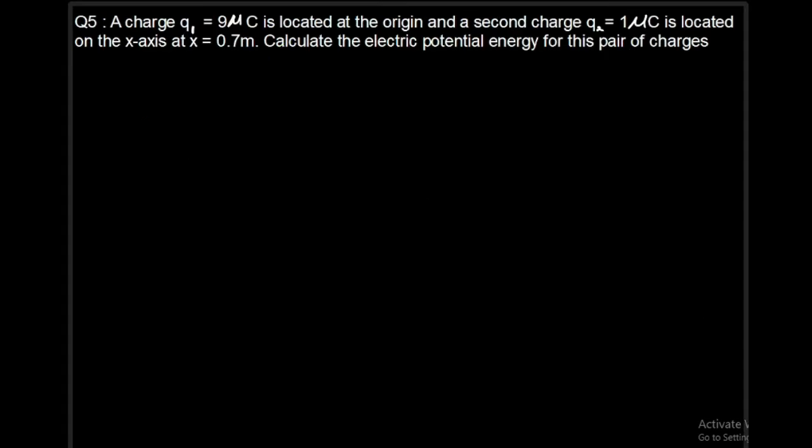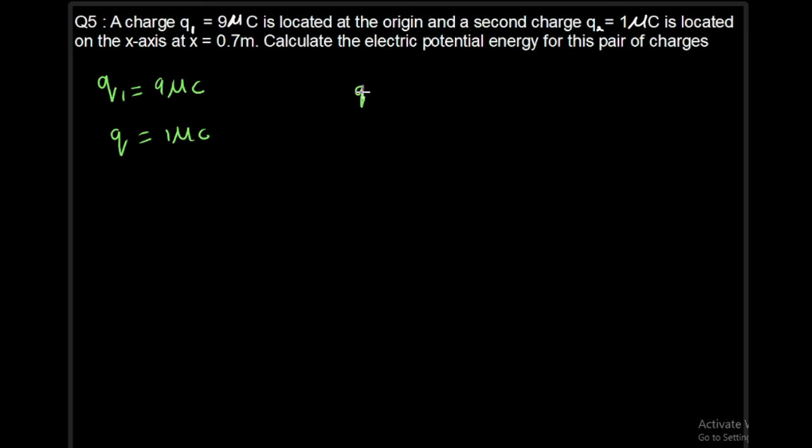All right, so moving on, question 5 here says a charge Q1 equals 9 microcoulomb is located at the origin, and the second charge Q2, which is 1 microcoulomb, is located on the x-axis at x equals 0.7 meter.